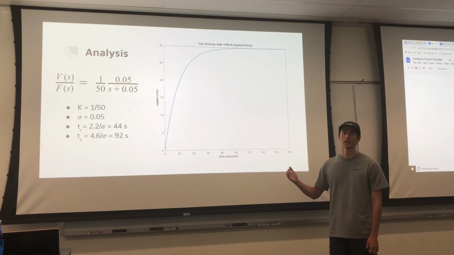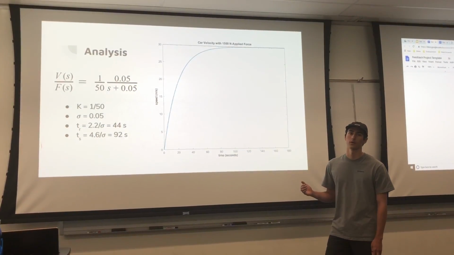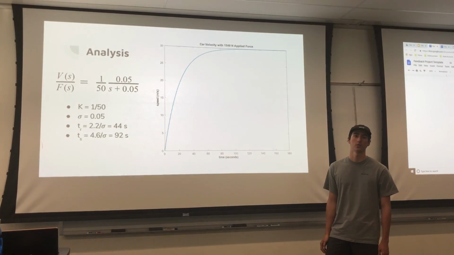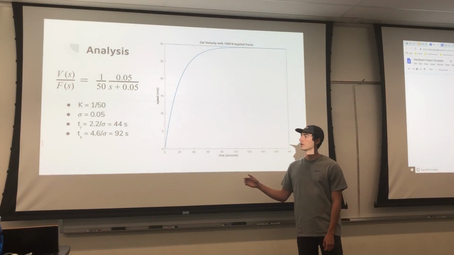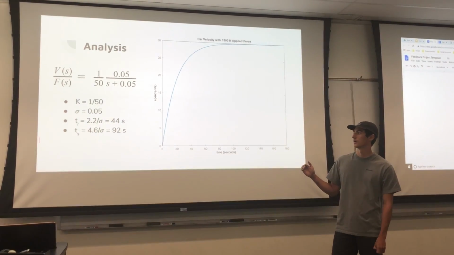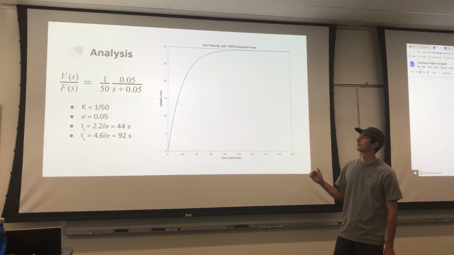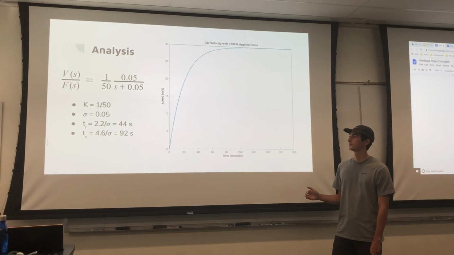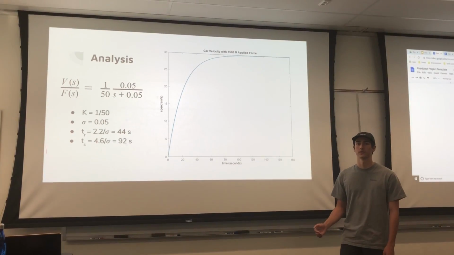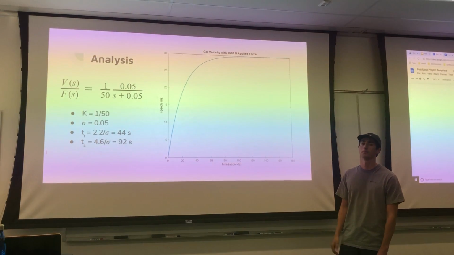That basically means that it'll get to 90% of our desired value in 44 seconds, meaning that the acceleration is quite slow. We also get a settling time of 92 seconds, meaning that it comes to within 1% of that desired steady state value in 92 seconds. That means we're going to need a controller to bring these times down to a desired time.